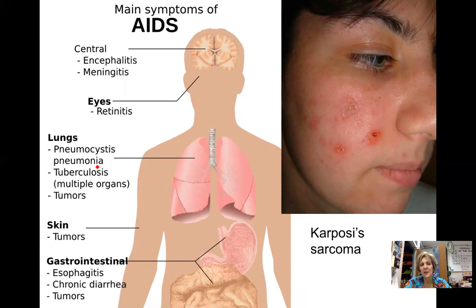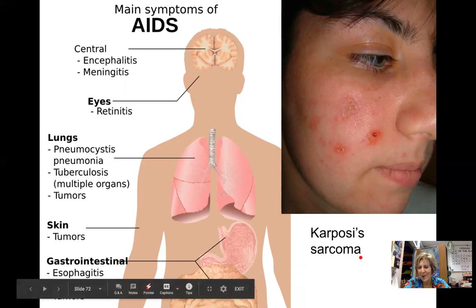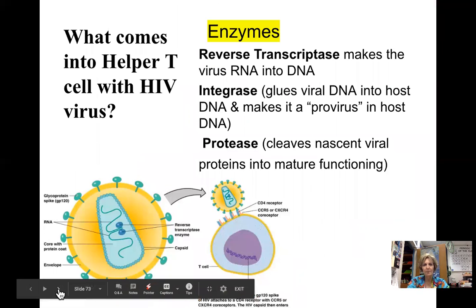There is a particular type of pneumonia called pneumocystic pneumonia that's caused by a fungi that a normal healthy immune system would absolutely destroy, but in somebody with HIV, their immune system is not functioning. Kaposi sarcoma is a type of cancer that, again, a healthy immune system would be able to stamp out, but in somebody with advanced AIDS, they were not able to do that.